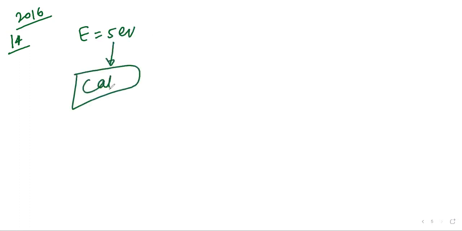The next question was asked in 2016. The previous one was also asked in 2016. This is question 14. Photons with energy equal to 5 electron volt are incident on cathode C in a photoelectric cell. The maximum energy of the emitted photoelectron is 2 electron volt.